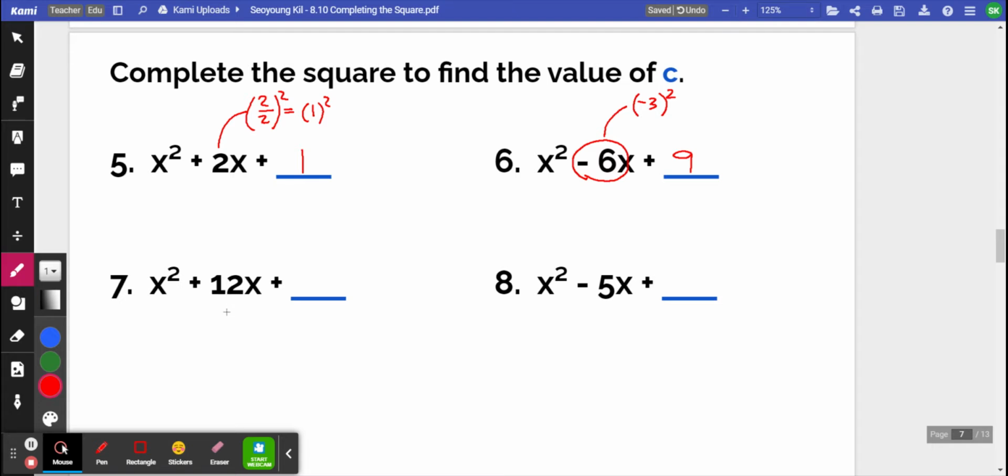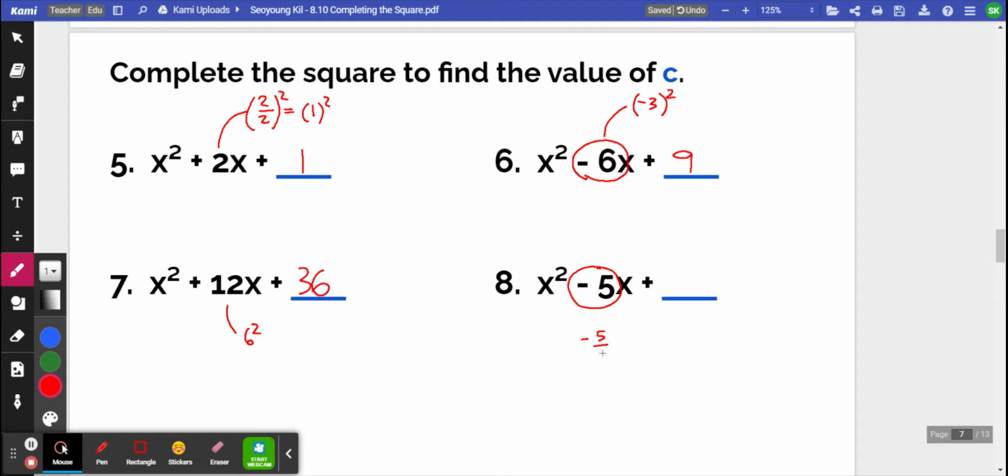For number 7, I need to find half of 12, which is 6, and then square that number. So 36 completes the square on number 7. Number 8, find half of -5, which is -5 halves.